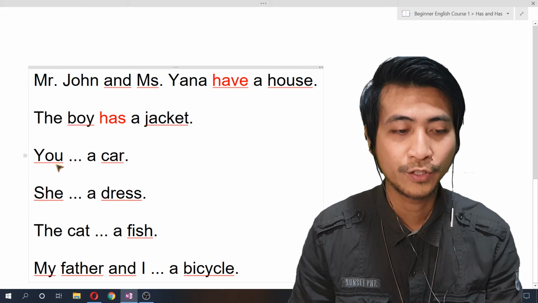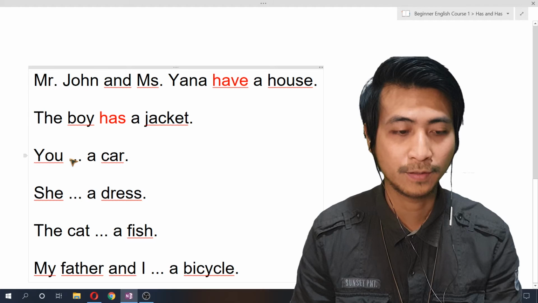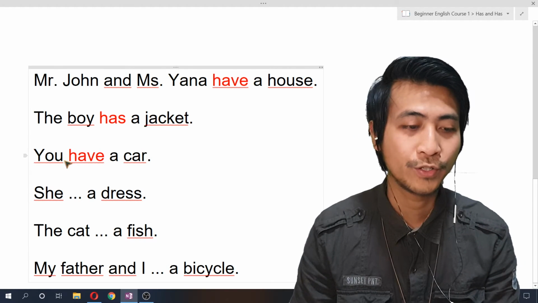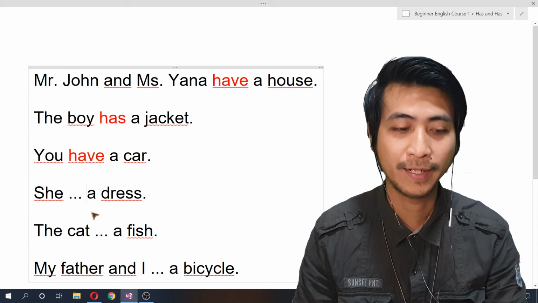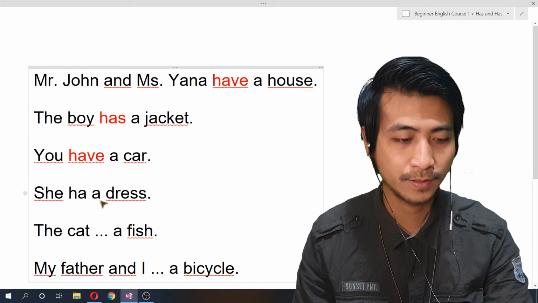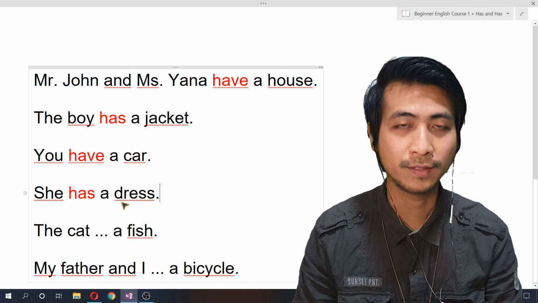Next, you blank a car. Okay, we use have. You have a car. The next one, she blank a dress. We put has after the subject she. She has a dress.